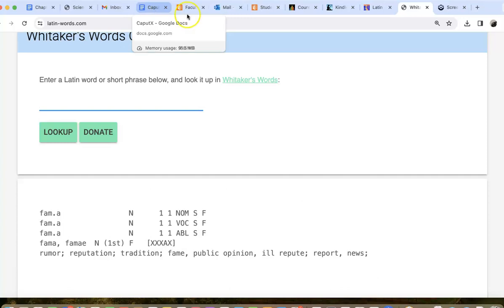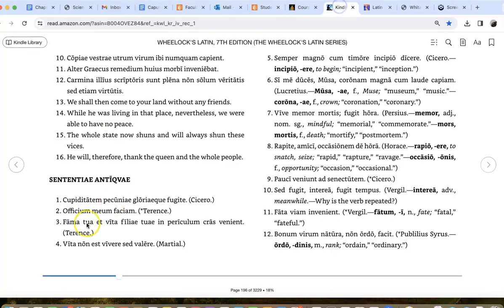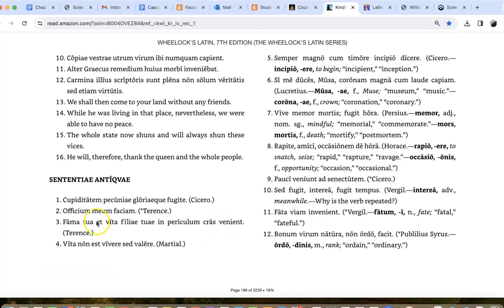All right, so we go back to the actual example. Tomorrow, your fame or your reputation and the life of your daughter will fall into danger.